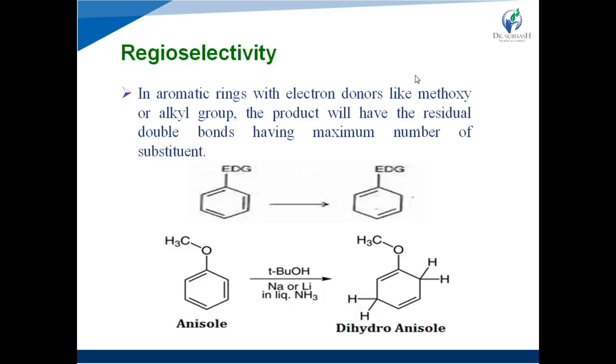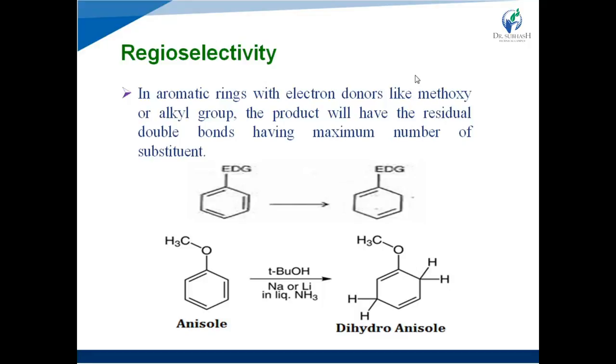When an electron donating group is present on the aromatic ring, what happens in Birch reduction? The carbon that is part of the electron donating group is not reduced, right? The carbon containing the electron donating group is part of the double bond.